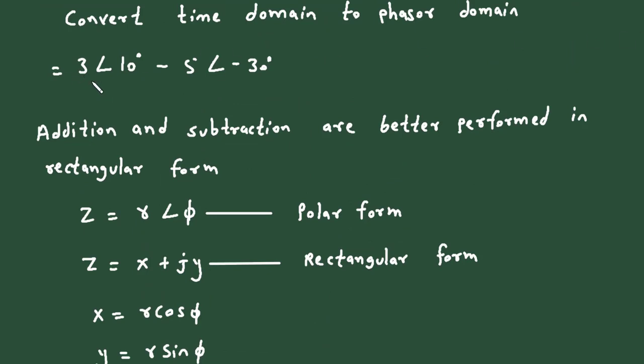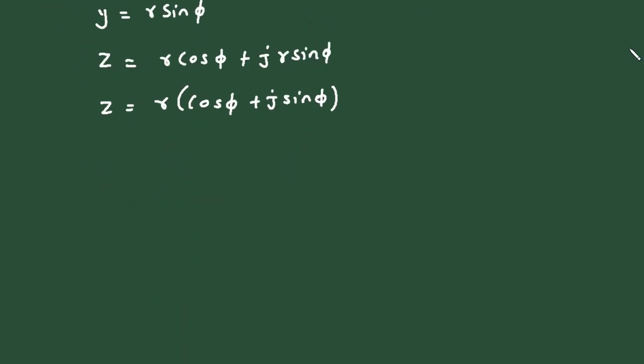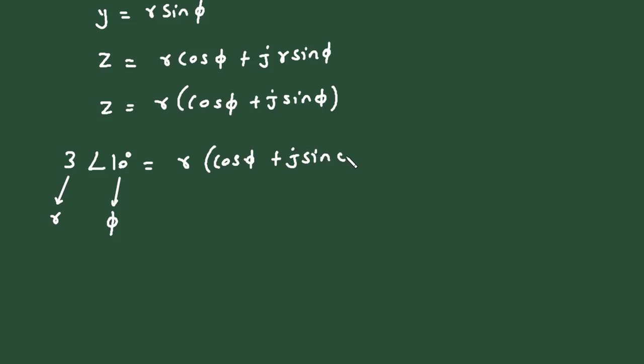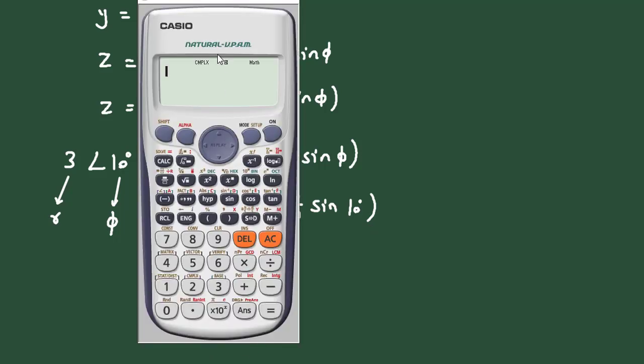Here the polar form is 3 at an angle 10 degree. This is the value of R. This is the value of phi. So this will be R in bracket cos phi plus j sin phi. So R is 3 in bracket cos 10 degree plus j sin 10 degree. We can solve this in calculator directly.